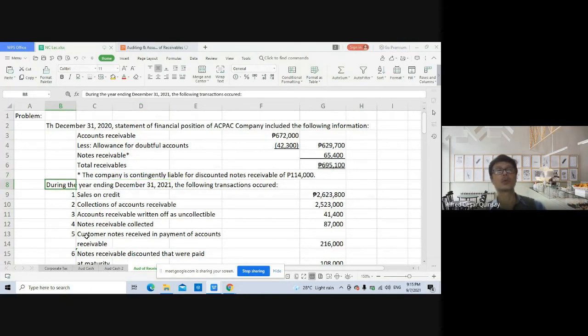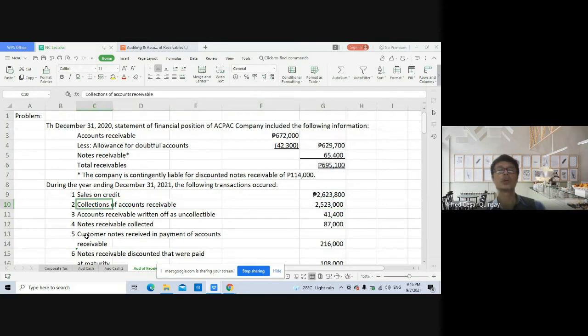Let's move forward. During the year ending December 31, 2021, the following transactions occurred. Number one, sales on credit of 2,623,800. Number two, collection of accounts receivable of 2,523,000.